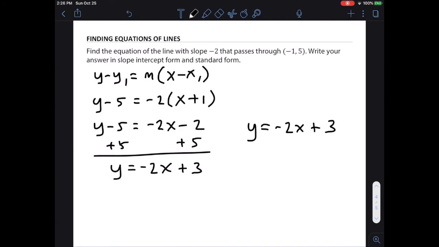So in order to do that, we're just going to add 2x to both sides. So we end up with 2x plus 1y equals 3. Okay, so there we go. We have our slope-intercept form and our standard form of the exact same equation.